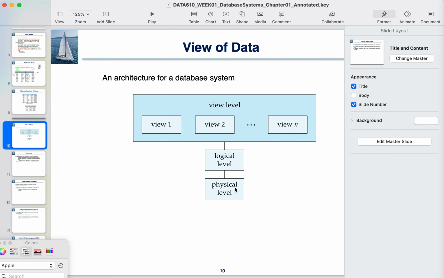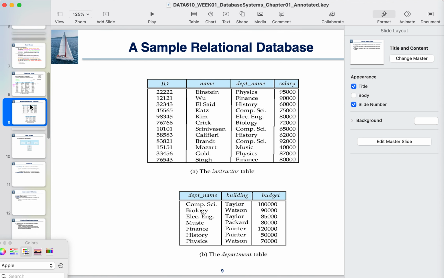But there is a physical level where the data is stored physically on the hard drive of the database server machine, and there is a logical level where we logically have the design of the database. We have tables. What is the meaning of the table? Is it a customer? Is it a student? Is it a patient? And how are they logically linked?